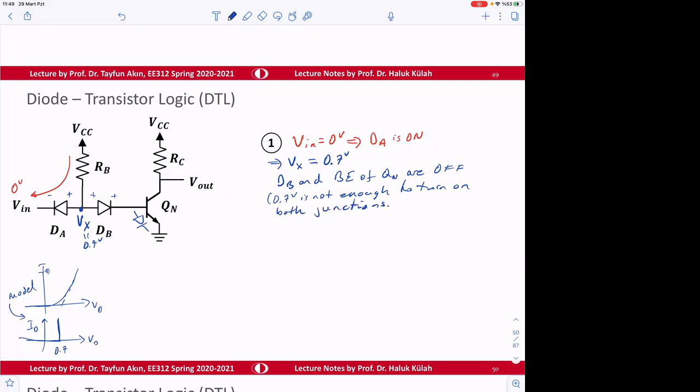If that's the case, what is this current, I base? I base is 0, so we know that Qn is in cutoff. Does it make sense?